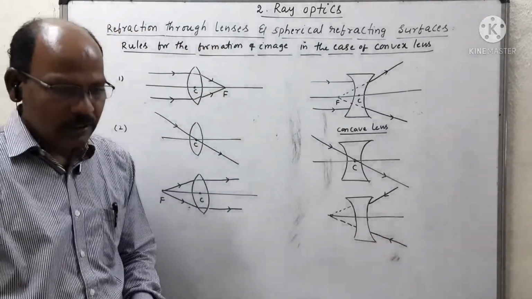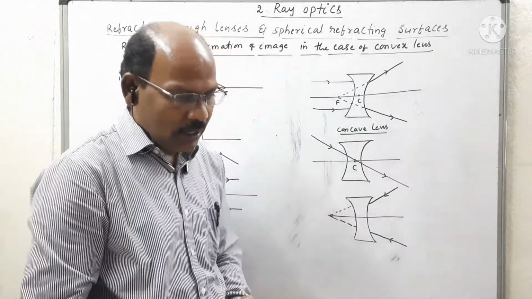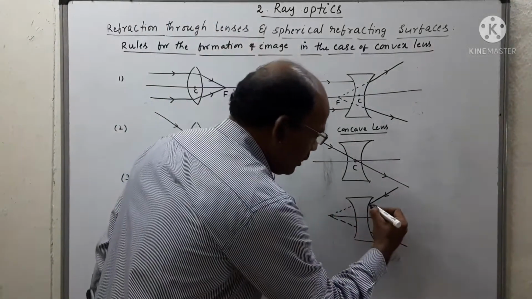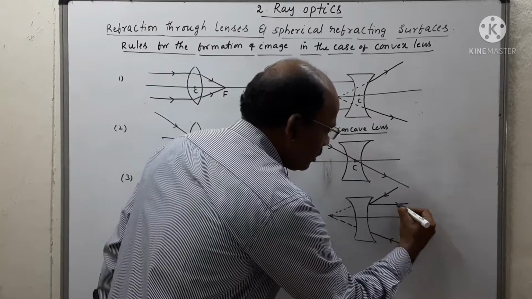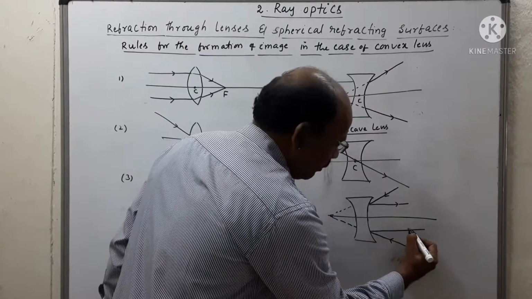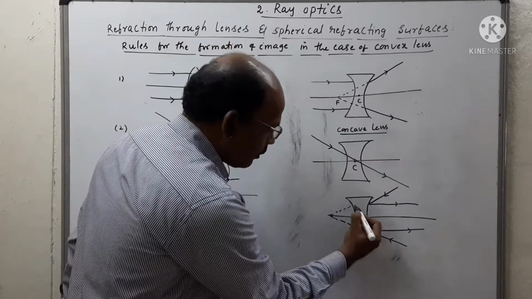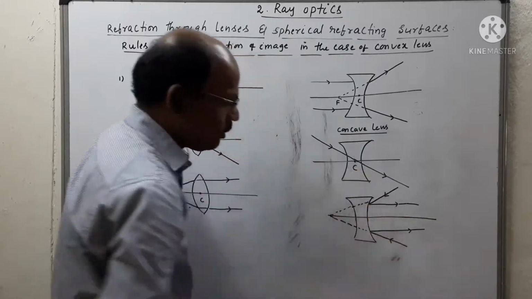So what happens after refraction takes place? It produces a parallel beam of light. That means here we observe this is a parallel beam of light, and this is also a parallel beam of light. Okay.